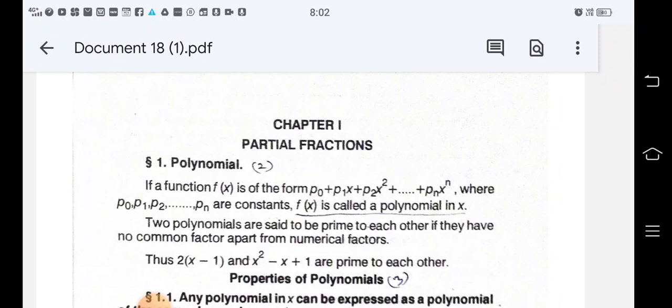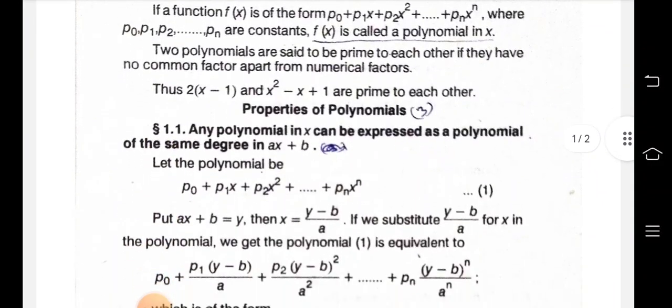Next, properties of polynomials. Any polynomial in x can be expressed as a polynomial of the same degree in ax plus b. Let the polynomial be p0 plus p1x plus p2x squared plus up to pn x power n.